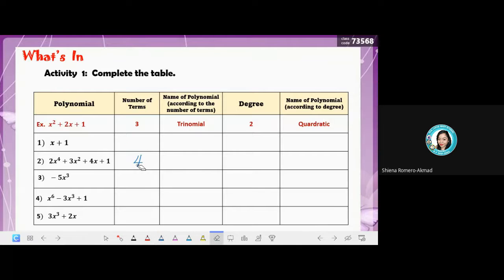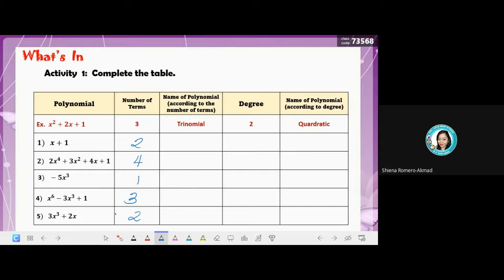It should be 2. Correct. So number 1 should be 2. Number 2 should be 4. And number 3, 1. Correct. Number 4, 3. And number 5, 2. Correct.